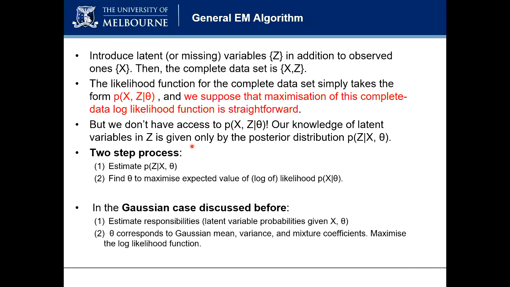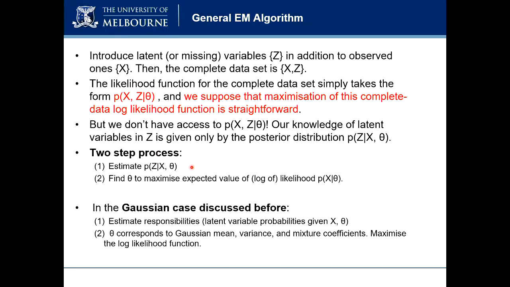I'm given x. I know there are some things that I'm missing, the z, and if I had those, I would use the same thing that I discussed in the special case. I would do a maximum likelihood on p(x, z | theta) and then find the thetas. That would make me happy. But because I don't have the z's, the best I can do is estimate the z's based on the x's and the thetas. So I can only know this p(z | x, theta).